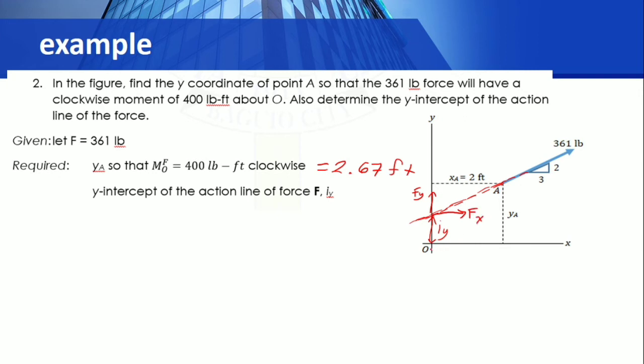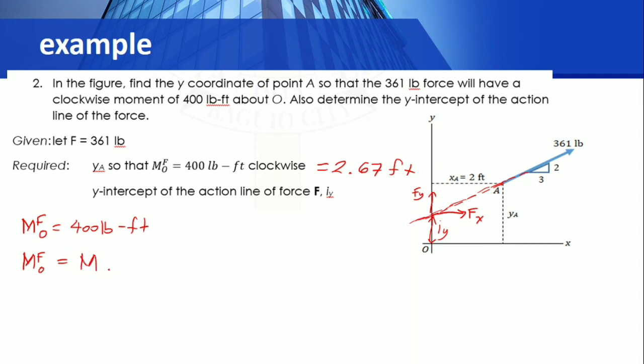So same pa rin yung moment ng force natin at O is equal to 400 pound-feet. So para makuha natin yung Fy and yung y natin, so yung Varignon's theorem ulit, yung summation ng moment ng force at point O natin is equal to summation ng kanyang moment ng components, di ba?